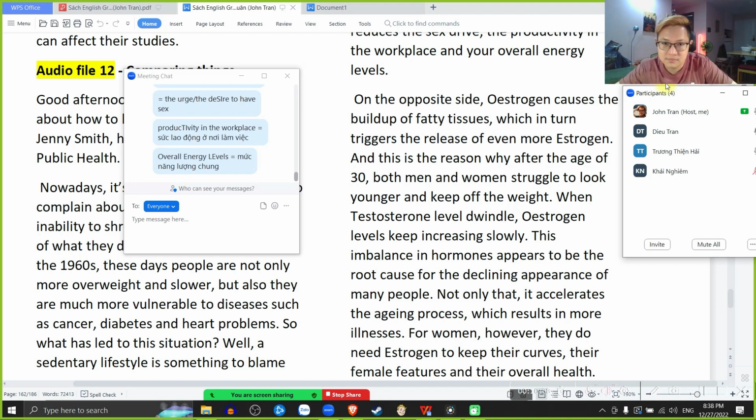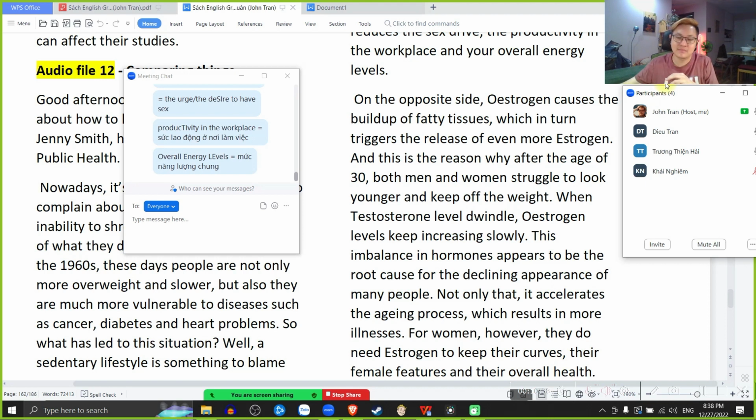And this is the reason why after the age of 30, both men and women struggle to look younger and keep off the weight.